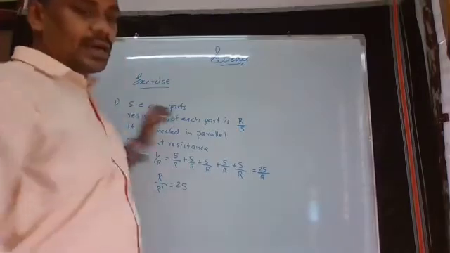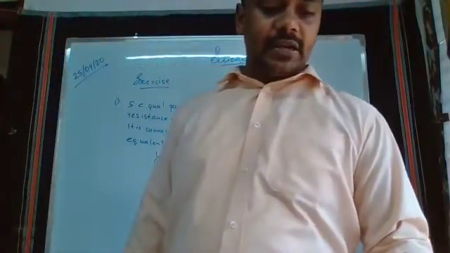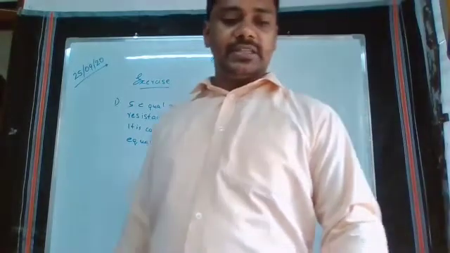Then the option D is the correct answer, which is R by R dash is equal to 25.